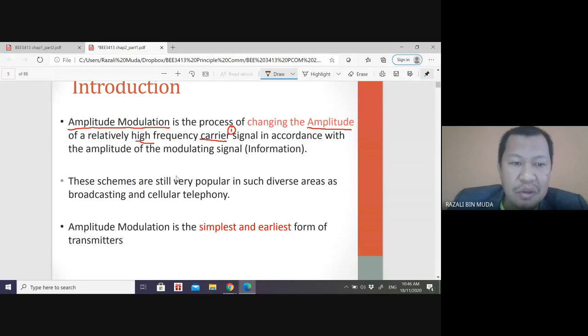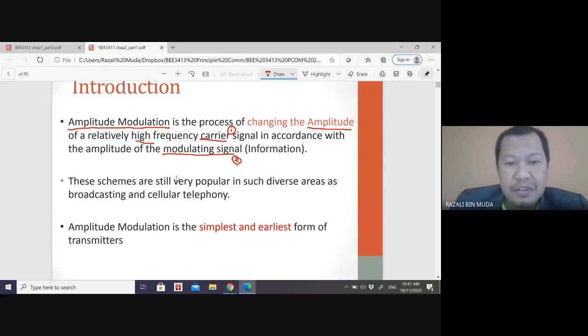So low frequency modulating signal ataupun information. Okay, kita ada high frequency, kita ada low frequency. So high frequency ni ialah carrier signal, low frequency ialah modulating signal. Modulating signal also known as information.